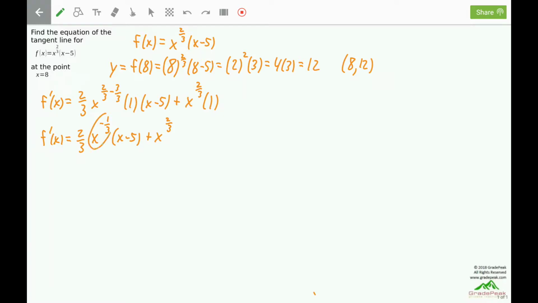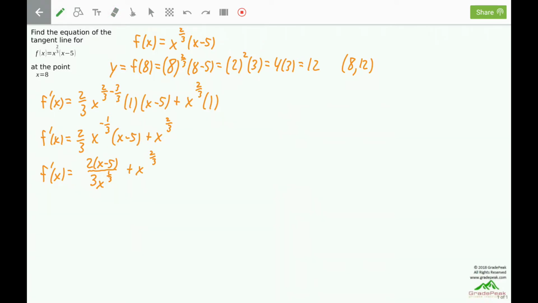This negative exponent I'm going to move to the denominator with the 3. The other two terms, the 2 and the x minus 5, will stay in the numerator of that. So f prime of x will be 2 times x minus 5 over 3 times x to the 1/3 plus x to the 2/3.